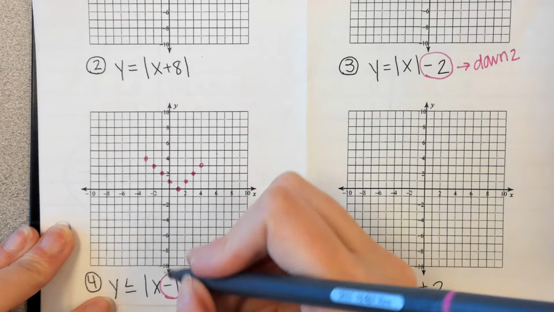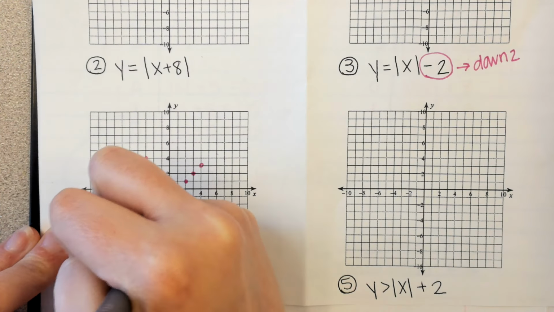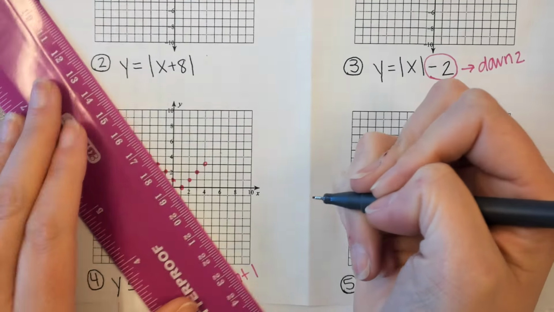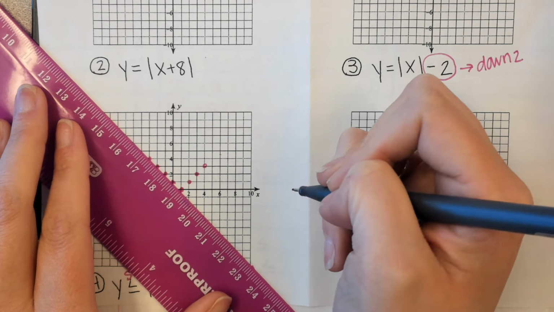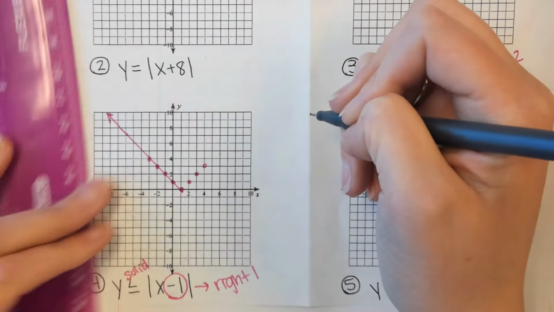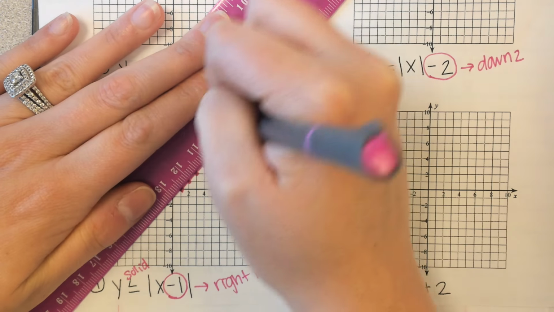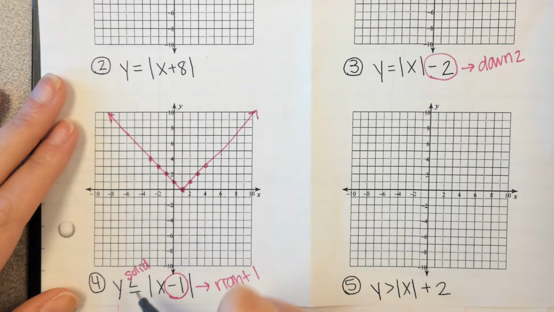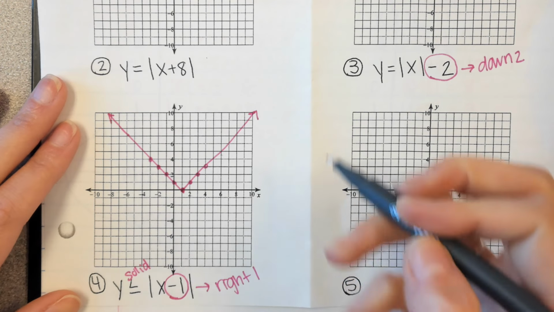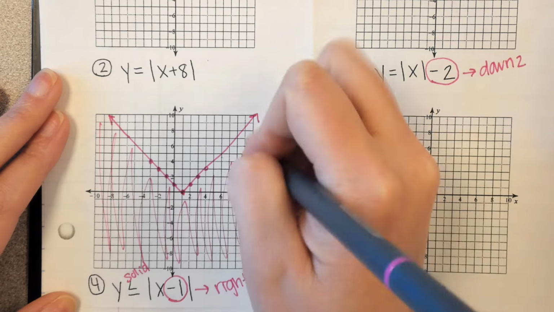All right, is it going to be a solid or dotted line? Solid, so you'll make your nice regular lines. You've got to go across the whole graph, especially for the inequality. All right, now is that less than or greater than? Less, so we're going to shade below. So everywhere below the shade.